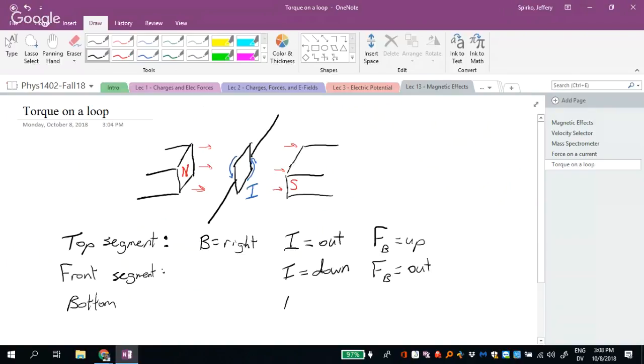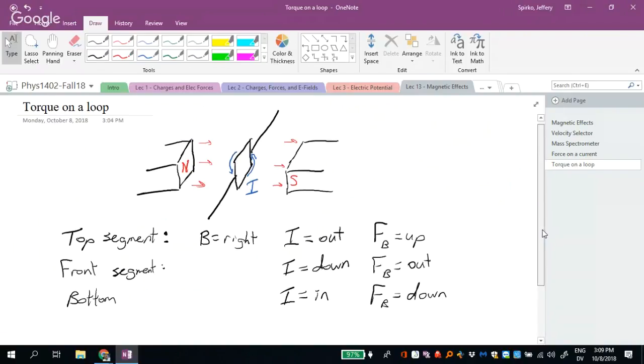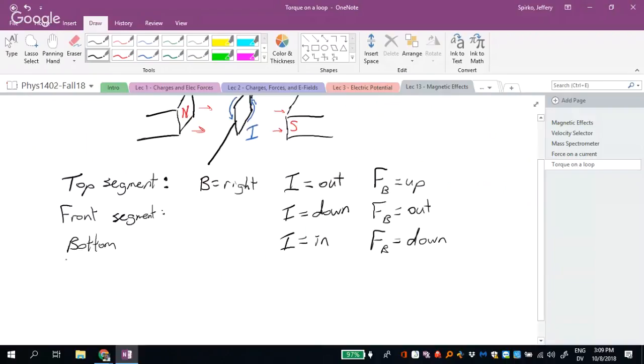The bottom segment, I equals in, FB equals down. If I reverse the direction of the current from the top segment, then I'm going to reverse the direction of the magnetic force. And the back segment, I equals up, FB equals in.